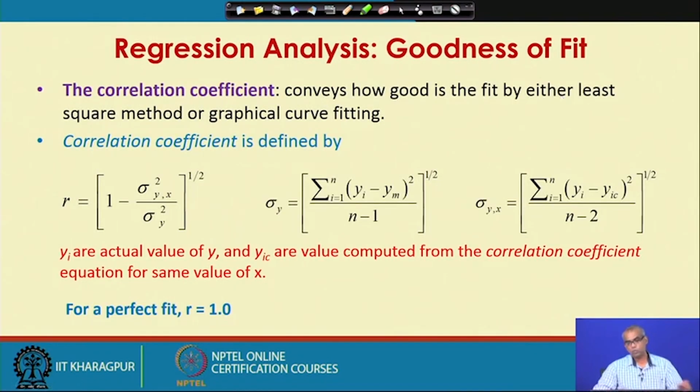So, how do I know that my fit is good? So, there should be a measure of goodness of fit. There is something called correlation coefficient, which conveys how good is the fit by either least square method or graphical curve fitting. So, correlation coefficient is a measure of goodness of fit. Correlation coefficient is defined by this equation.